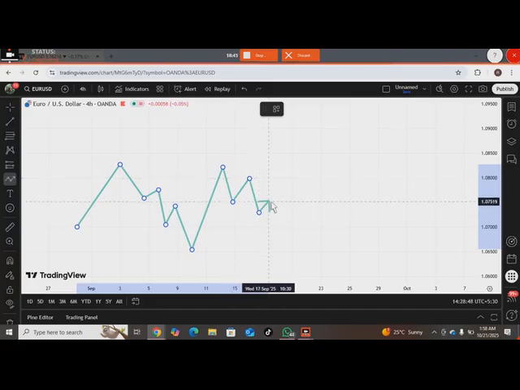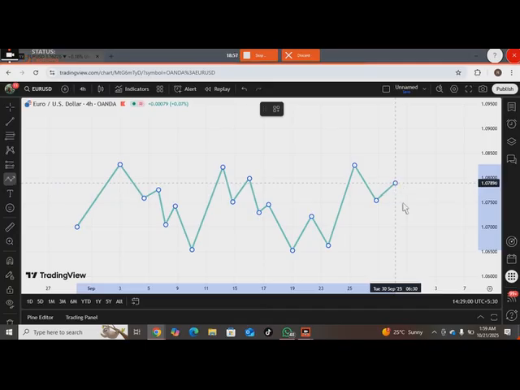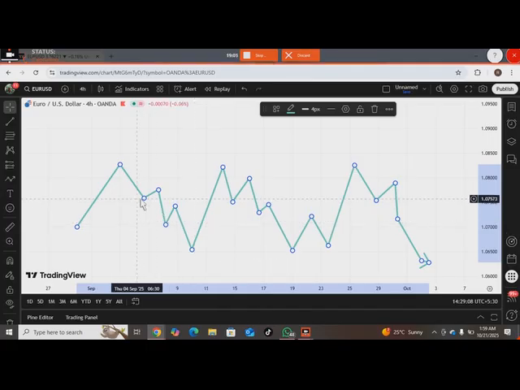The structure may not be clear, so I want to draw a structure that people can understand. See, the market is moving this way, creating internal structure and moving this way. So this kind of market structure is called the swing market structure.